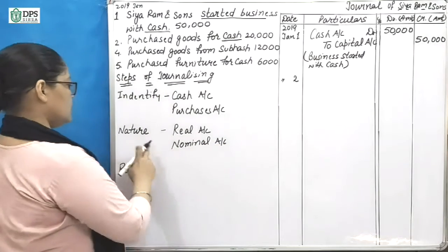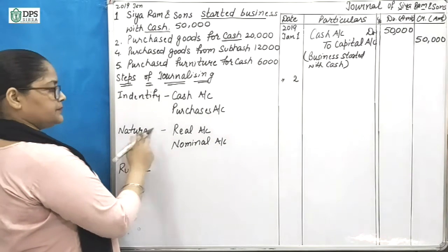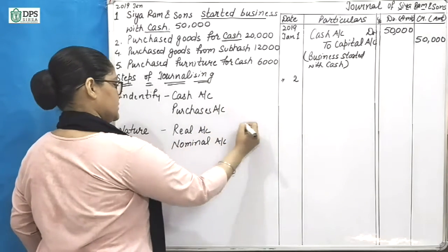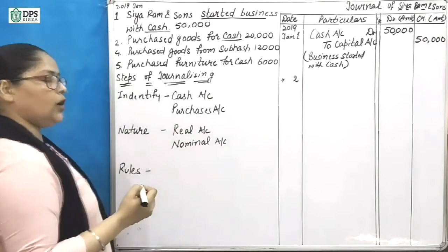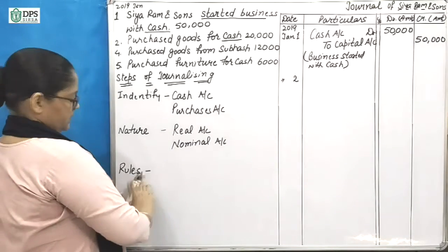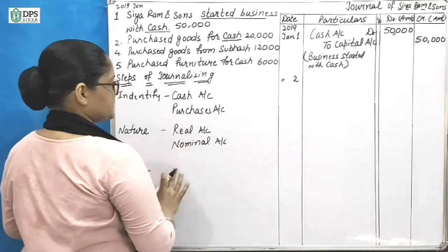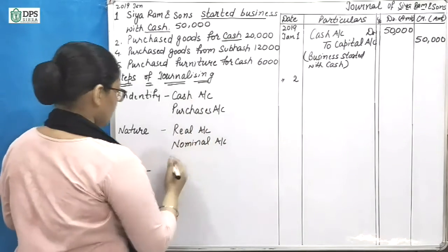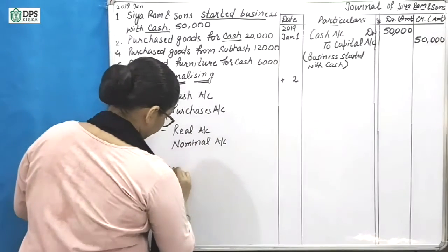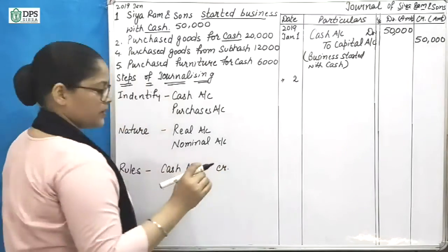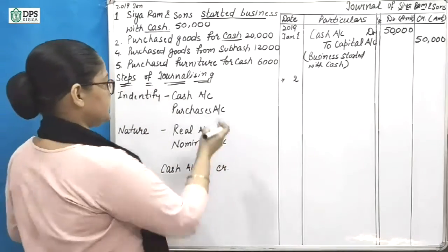So now we know the nature of the accounts. Cash belongs to real account and purchases belongs to nominal account. So now the rule of the account: real account says that what comes in is debit but what goes out is credit. Cash is going, so it will be credited, because what is going out is credited.